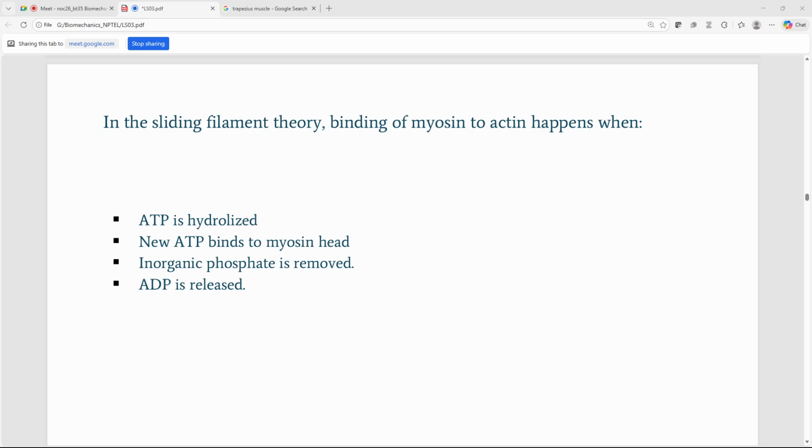In the sliding filament theory, the binding of myosin to actin happens when, option A, ATP is hydrolyzed, or ATP binds to the myosin head, or inorganic phosphate is removed, or ADP is released?